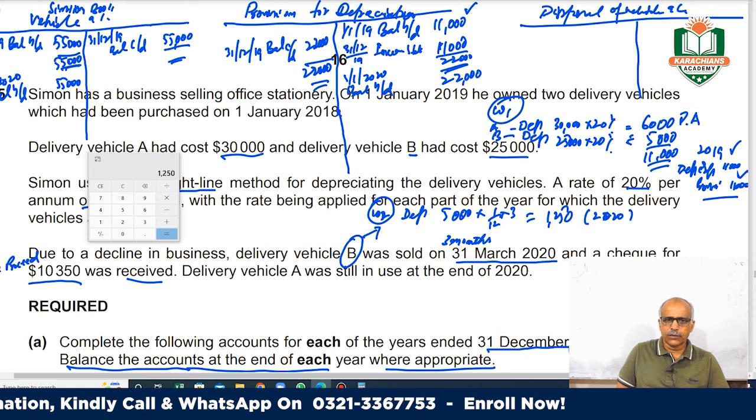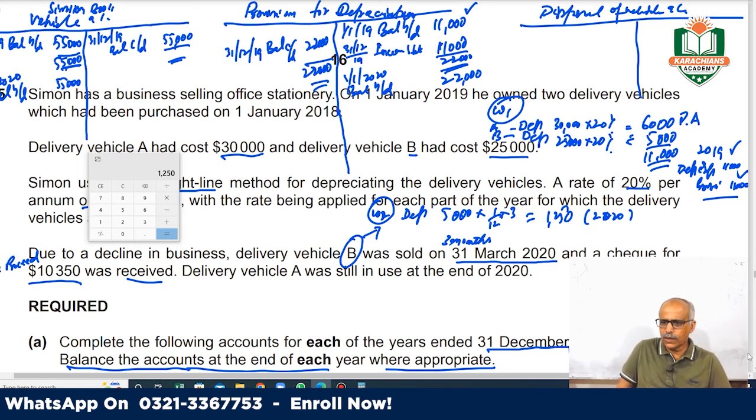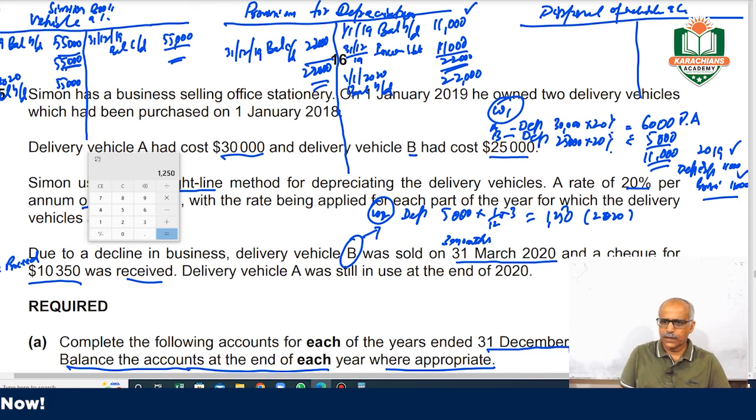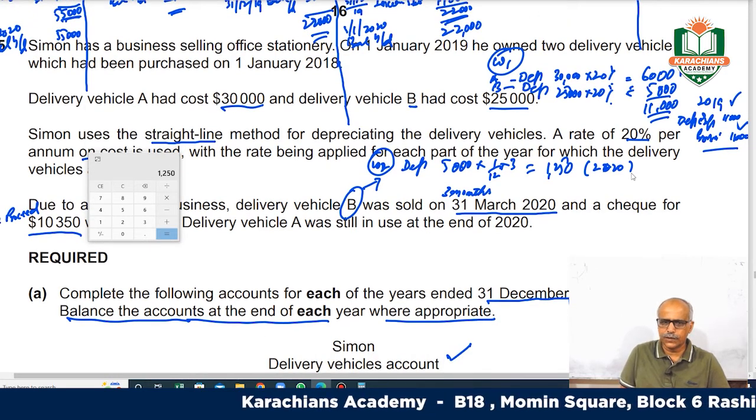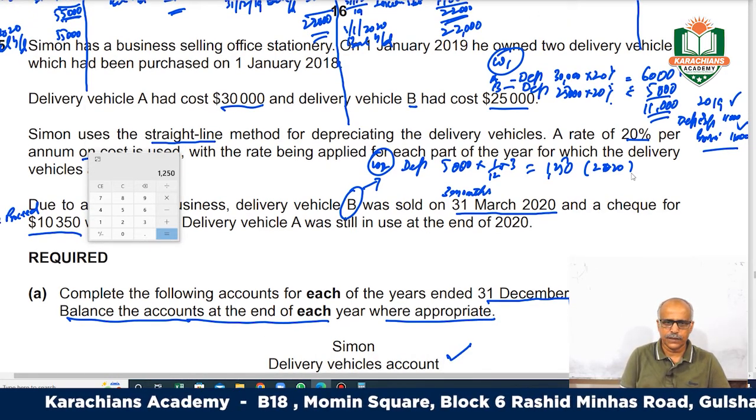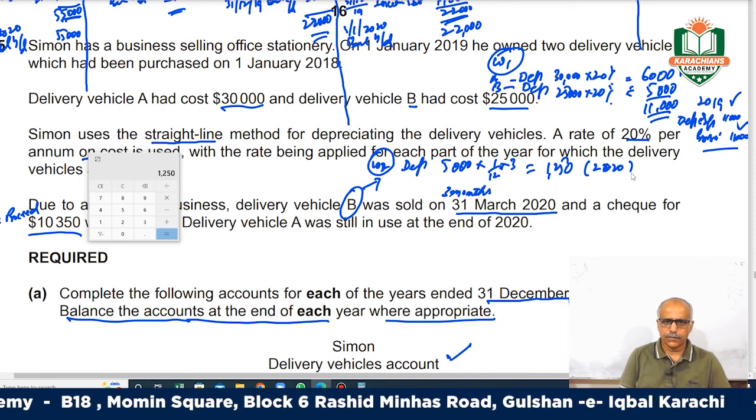Now what happened in 2020? See, working 1, 2, and I will say working 3. You can make working 3.